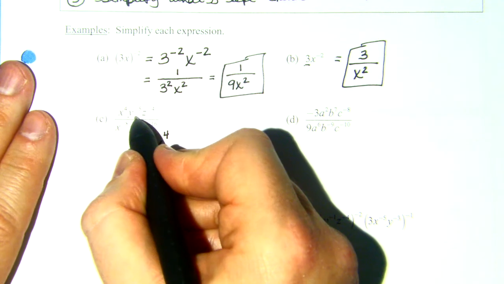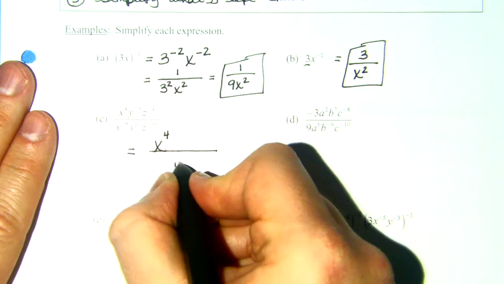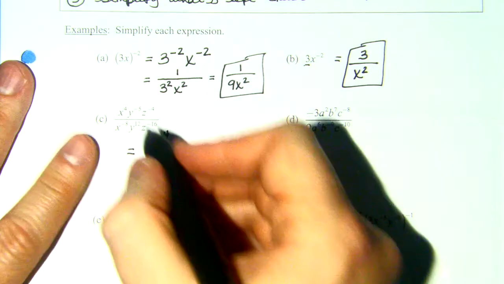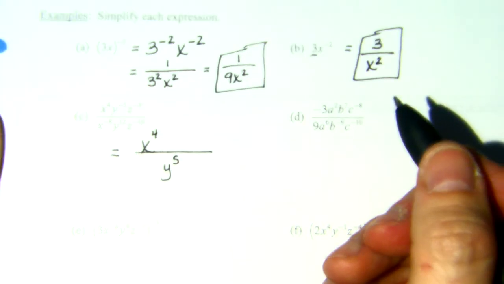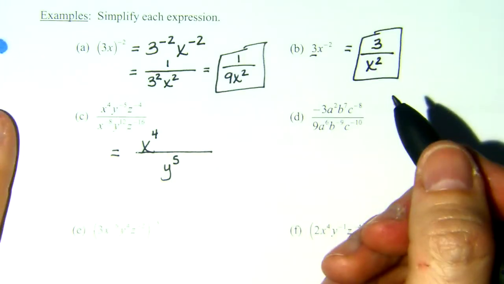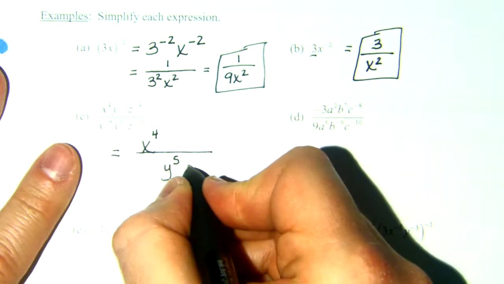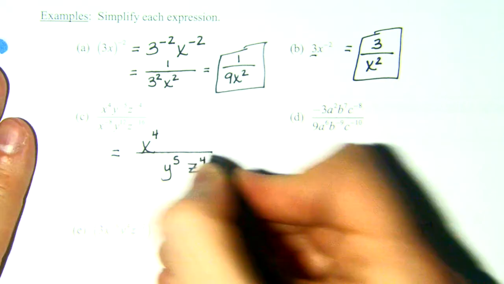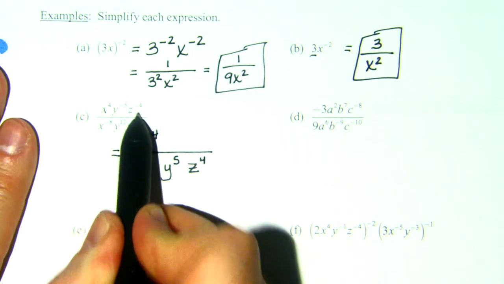The y to the negative 5 has a negative power, so I'm going to move that to the bottom. I'm going to make it y to the fifth in the denominator. Z to the negative 4, sorry, it's a little bit tricky to see on the screen, but hopefully you have this on the paper in front of you. Z to the negative 4, well, that's a negative exponent. I'm going to write a z to the fourth on the bottom. I kept it, I moved it, I moved it.